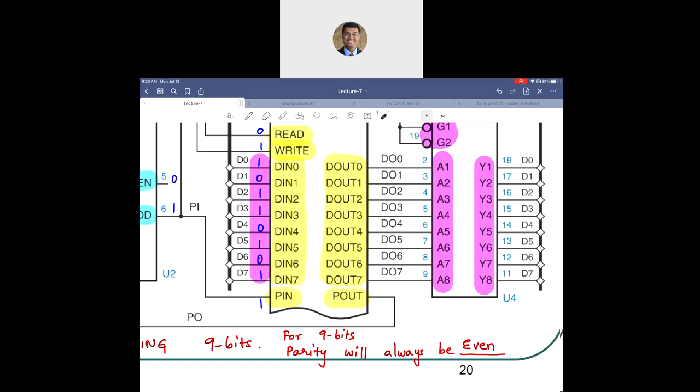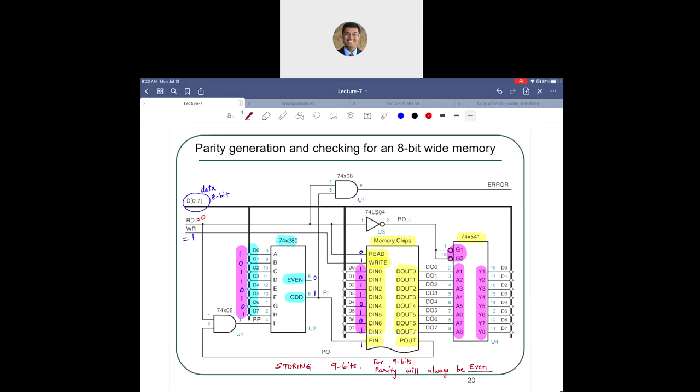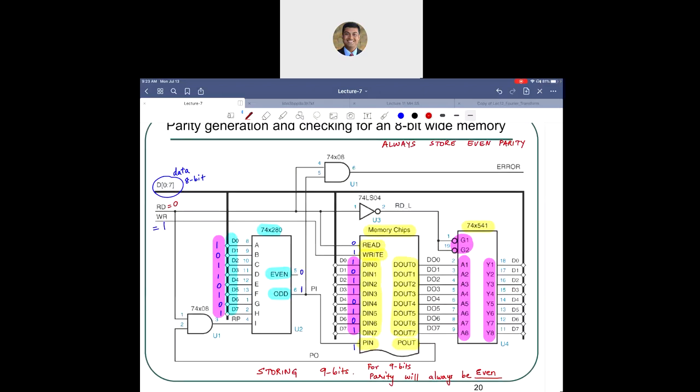Which means I always store even parity. That is for the 9 bits that we are writing to the memory chip.